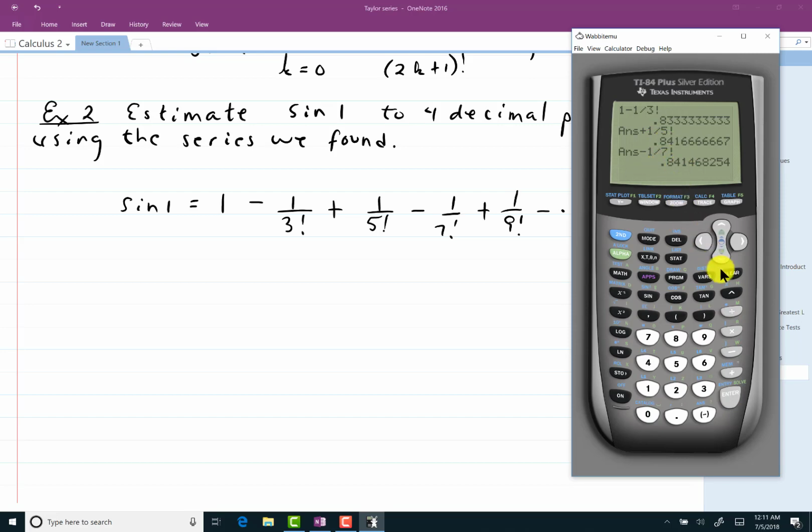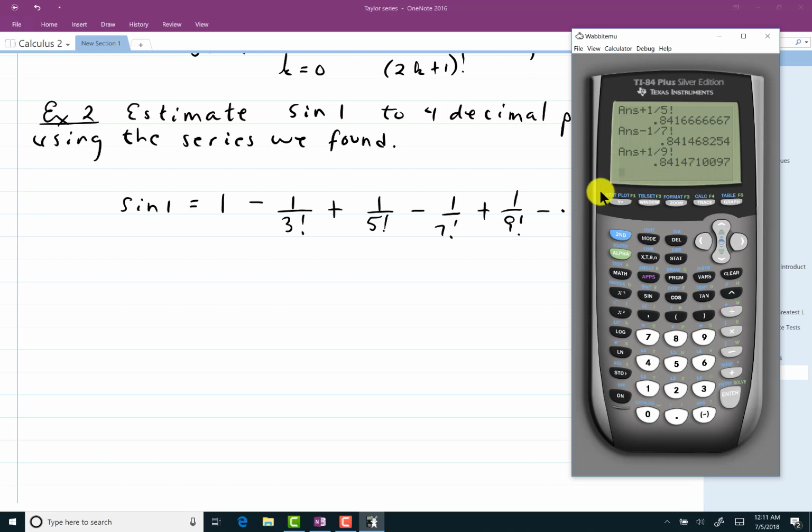So I think I got 2 decimal places right now. Let me add then 1 over 9 factorial. So I may have 3 decimals now, maybe even close to 4. 8414, 8414, although the rounding, these both round to 8415. So I feel all right here.